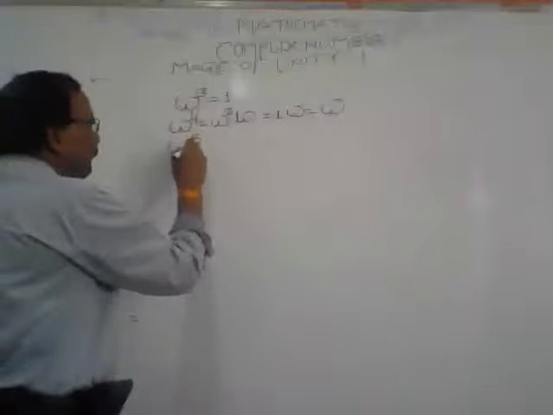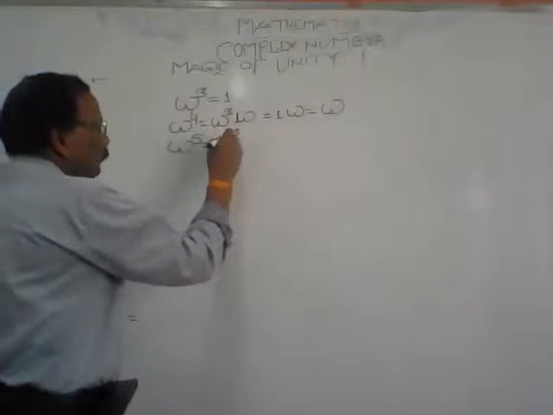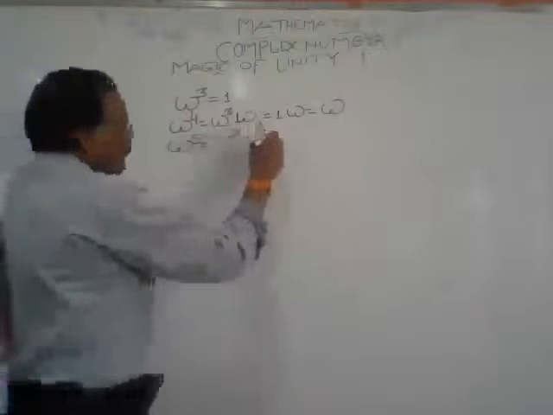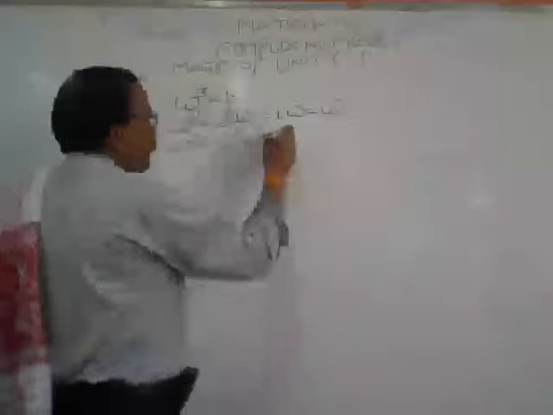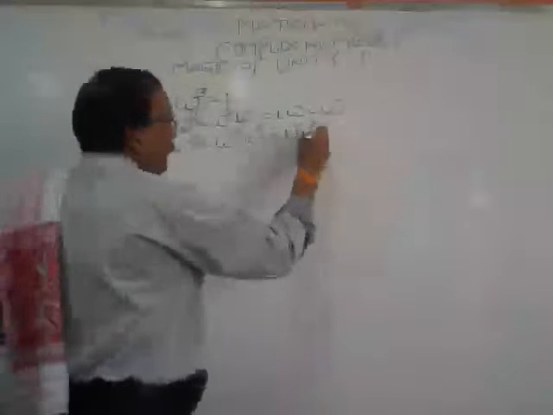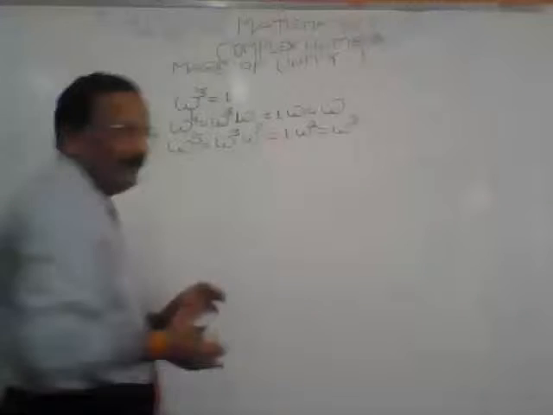Omega to the power 5 is equal to omega cube into omega square. Omega cube is equal to 1, so 1 into omega square is equal to omega square.